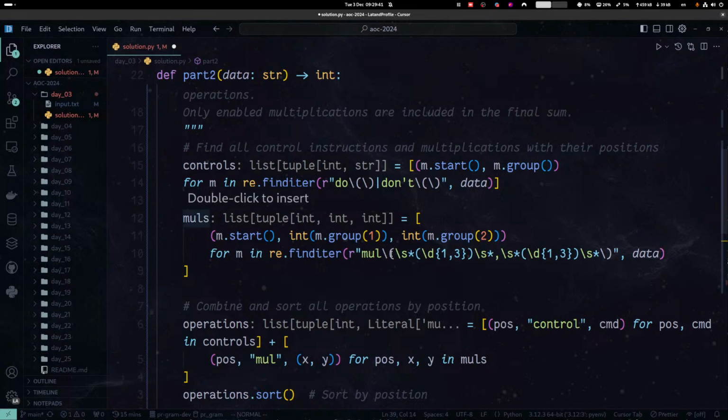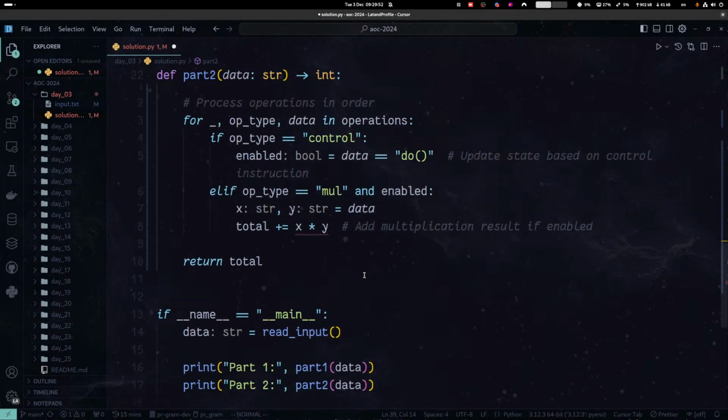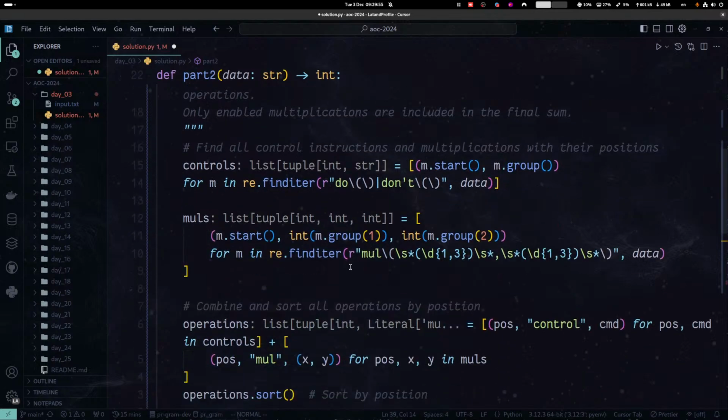Interesting. But this is a way. This is another way to solve this task. I'm not sure if it's more readable, but it's slightly easier to understand what is happening here. Just a little bit easier because it's split into different parts.